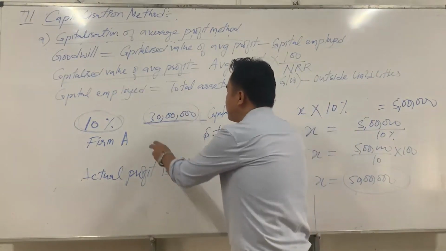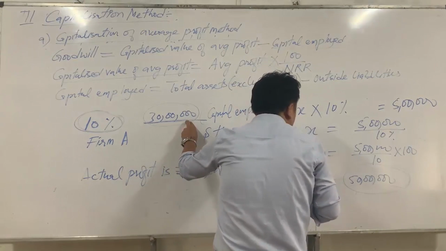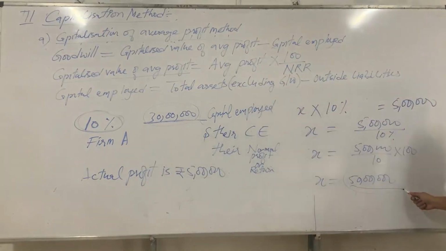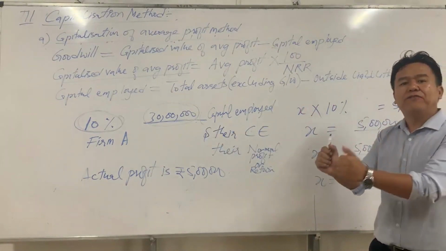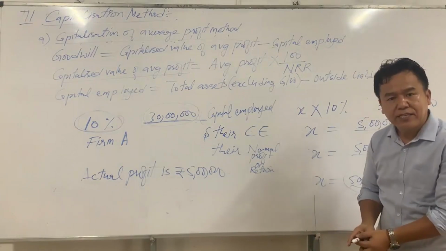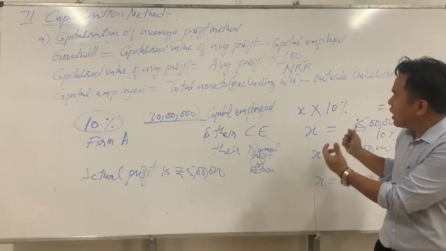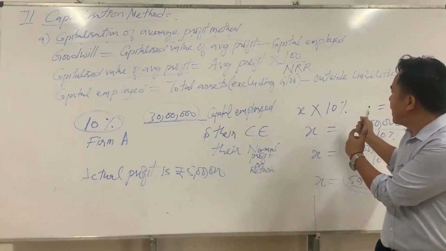I mean, our firm has invested only 30 lakh, but the market value of firm is 50 lakh. So here, the difference between these two is nothing but goodwill of the firm. Is that clear for you? Okay, we will calculate goodwill of firm step by step.